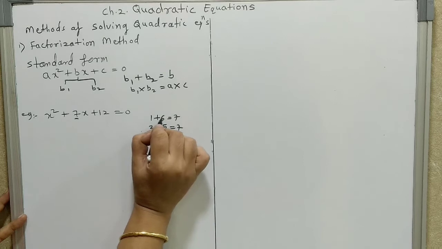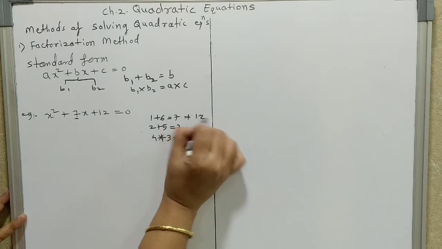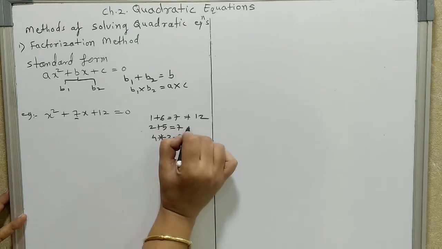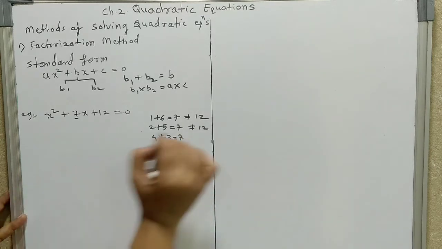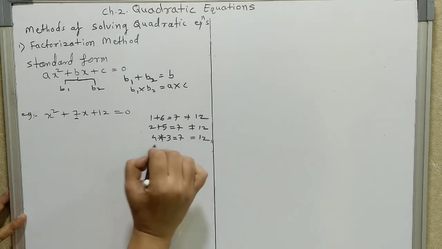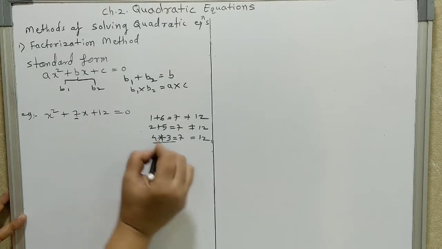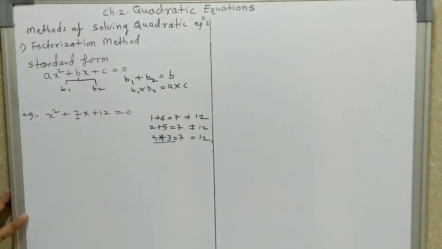But the multiplication of 1 and 6 is not equal to 12, and the multiplication of 2 and 5 is not equal to 12. But the multiplication of 4 and 3 is 12. So we take these factors 4 and 3, meaning their addition is 7 and their multiplication becomes 12.